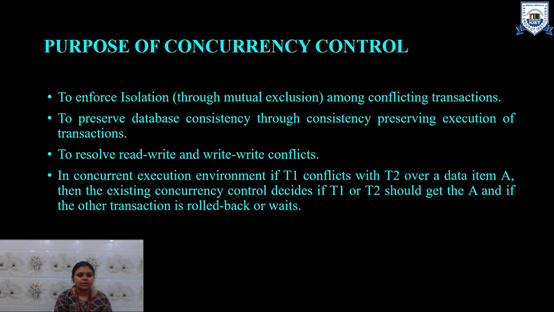If in a concurrent execution environment T1 conflicts with T2 over a data item, say A, then the concurrency control decides if T1 or T2 gets the data item A, or if another transaction is rolled back, or has to wait. As we are all aware, there are three types of conflict: read-write, write-read and write-write.